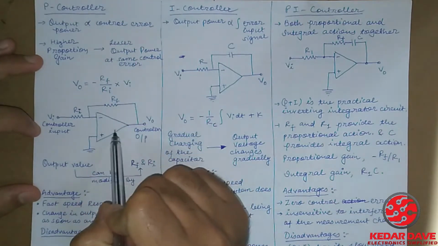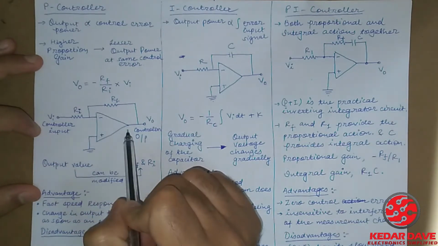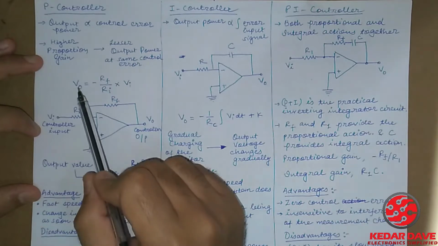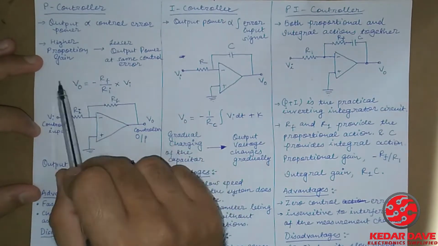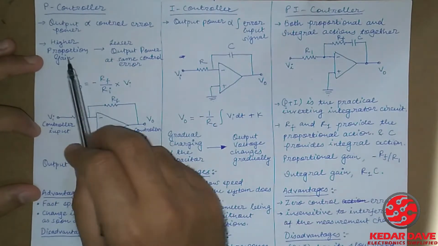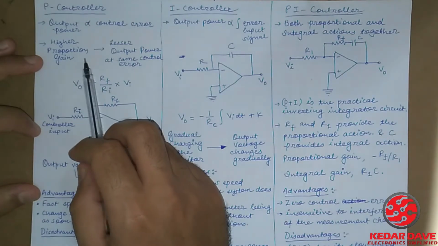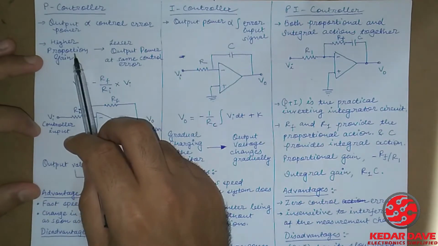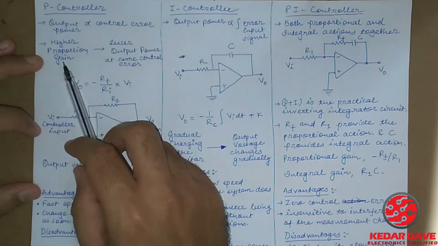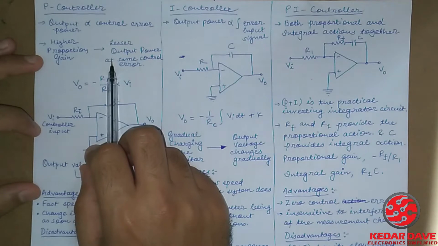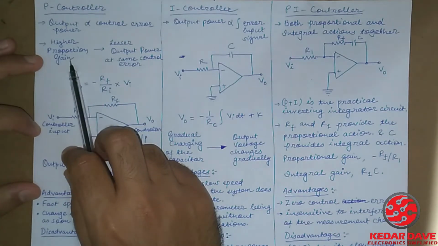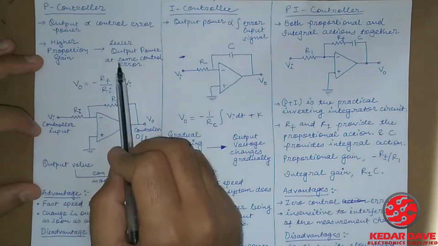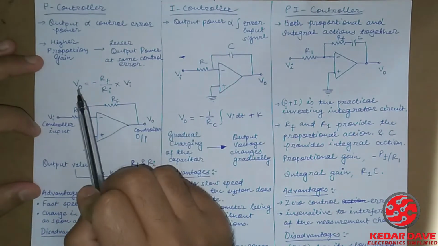Whatever error is generated due to the input provided at these terminals will be related to the gain, but in inverse form. Let's say the proportional gain is high, then the output power will be low, and as the proportional gain is low, the output power will be more at the same control error.